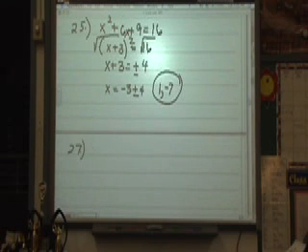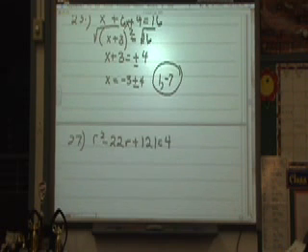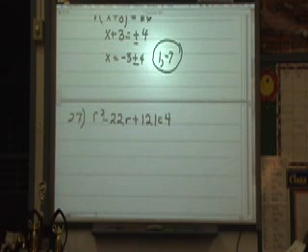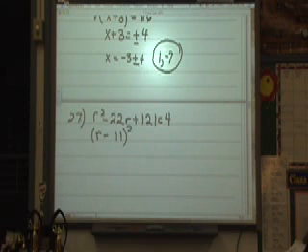27, you have r squared minus 22r plus 121 equals 4. That's a perfect square trinomial. The ends are perfect squares, so we factor. It's r. Square root of 121 is 11. The middle is minus, so minus 11. Quantity squared equals 4.